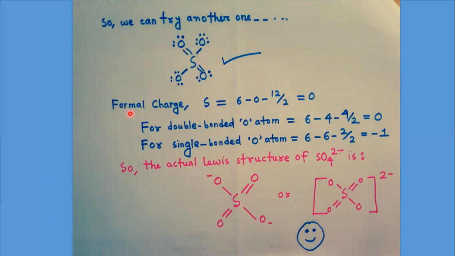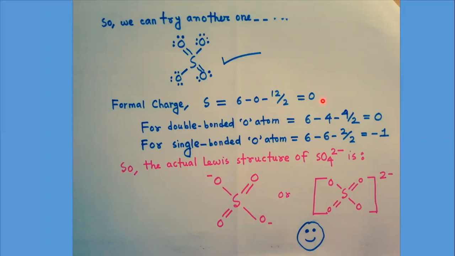So now we calculate the formal charge of sulfur. There are 6 valence electrons in sulfur, minus 0 because there are no lone pair or non-bonding electrons, minus 12 bonding electrons for sulfur divided by 2, and this 2 is from the formula of formal charge. After calculating, we get 0.